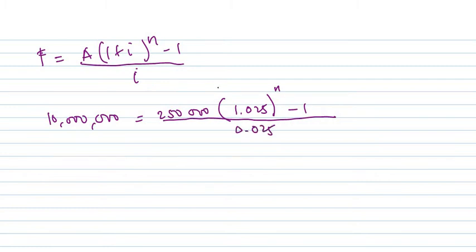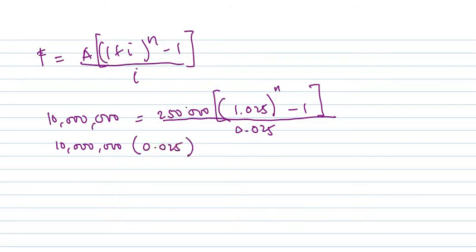So we will multiply 0.025 by 10 million, and then this 250,000 will be transferred to the other side. That becomes 250,000.